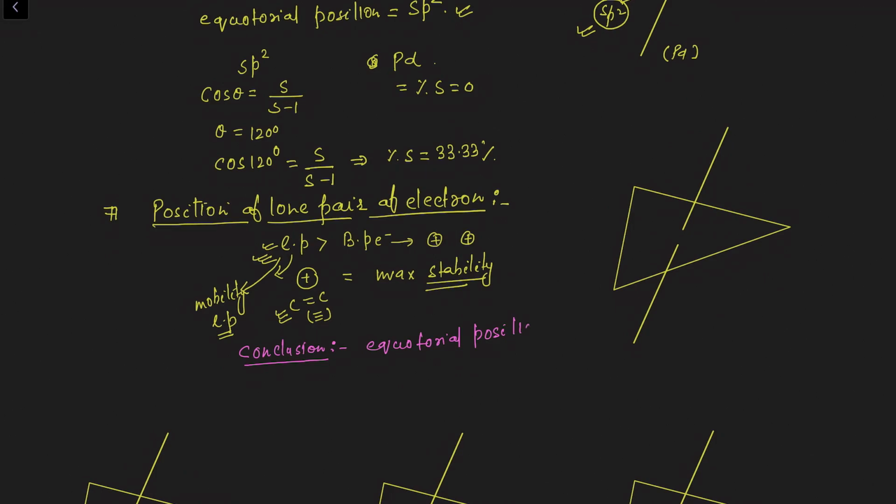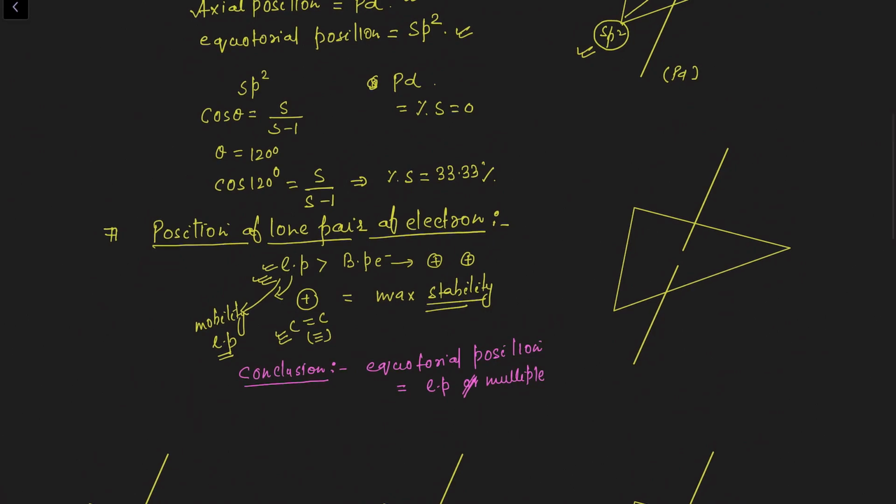So the equatorial position is occupied by the lone pair of electrons or multiple bond. It is clear now? So now in the trigonal bipyramidal structure, here a lone pair of electrons will come, here a lone pair, here a lone pair.